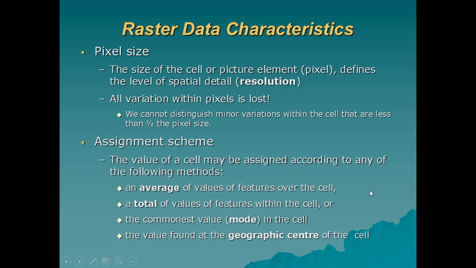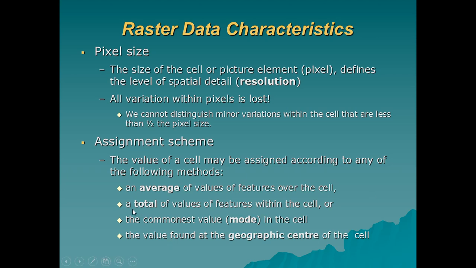For example, if you're talking about a particular type of tree or forest, within a cell you may find that you have, let's say, 100 pine trees. The greatest average would be the pine trees. You may have some others that fall within there, but you use the one that has the greatest average.